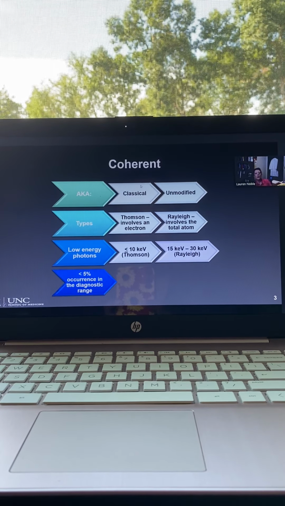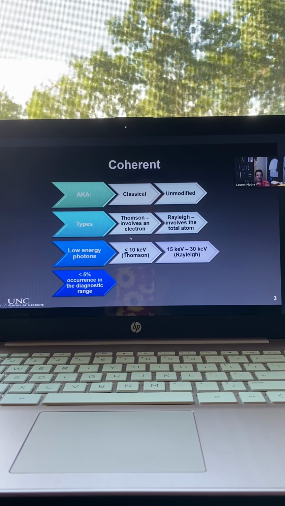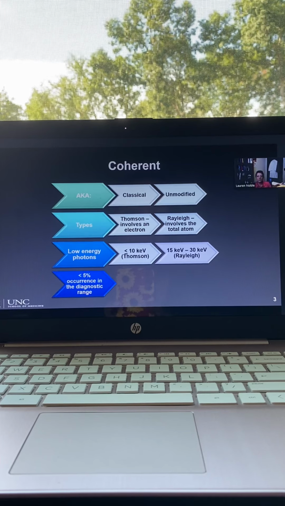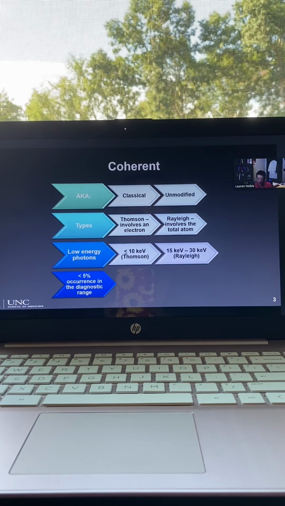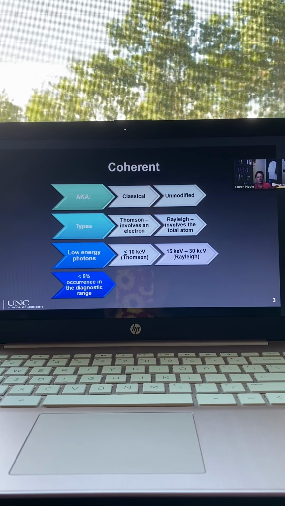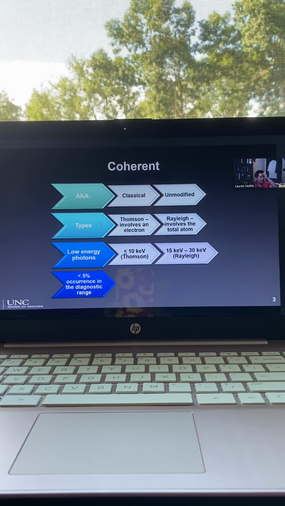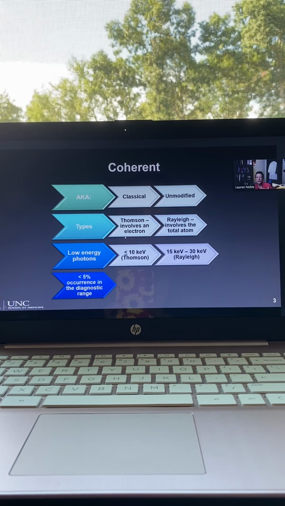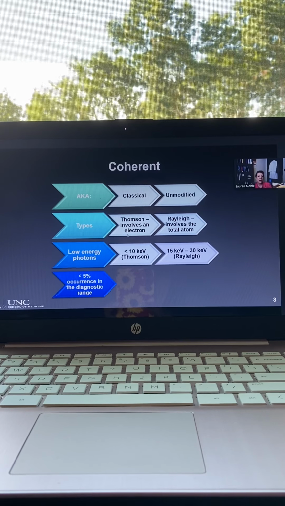When it comes to coherent, there are 2 different types, and it's just because of what is impacted by the X-ray photon. So what we're looking at here, of course, with these interactions is, the X-rays come out of the tube and they head down towards the patient, and these X-rays are going to interact in the patient's body.